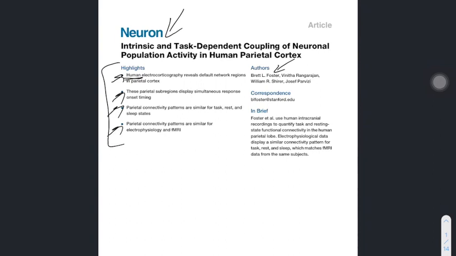And then finally, they found that parietal connectivity patterns were similar for both these electrophysiological measures as well as fMRI. This is important because it links two methodologies together, finding the same result. So it's using electrical wave measurement on the surface of the brain, matching that up with the fMRI responses that we see when you have somebody sit in an MRI machine with a functional scan going.